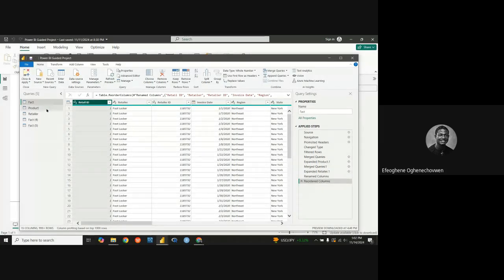So you've created a product table and a retailer table. What else do we want to describe our data with? Remember I said the essence of the dimension table is to describe your fact table. I like using this example, especially with a sales dataset. I come up and say, wow, would you believe we made $80 million in sales?